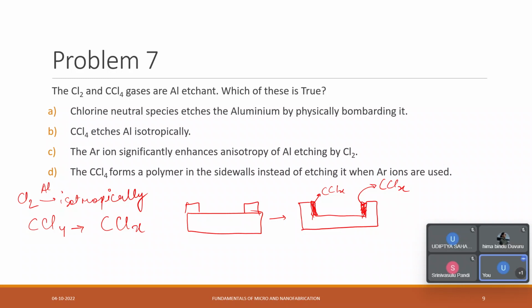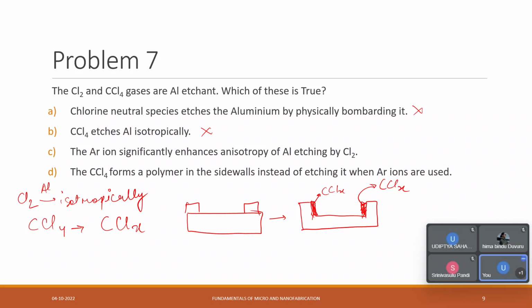So here, the option saying chlorine neutral species etches aluminum by physically bombarding it is wrong. And the option that CCl4 etches Al isotropically is also wrong, it doesn't etch isotropically. These radicals etch the aluminum chemically, not by physical bombardment. Does the argon ion significantly enhance anisotropy of aluminum etching by Cl2?